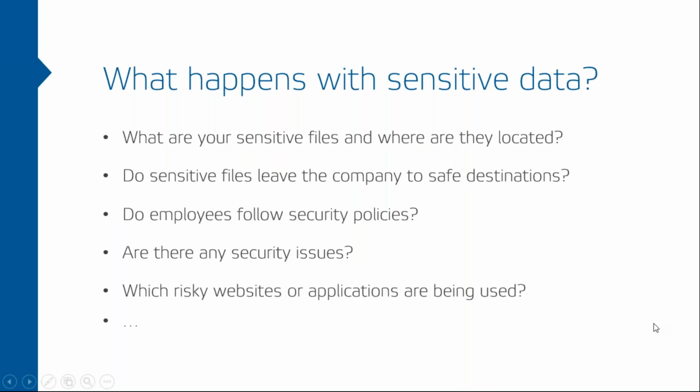Security audit usually answers the questions about sensitive data within the company, what is happening with the files, where they are located, and where they live, if the files are living in safe destinations, if employees are following best practices and security policies. It also answers questions if there are any security issues, perhaps if there are any websites or applications which are risky.